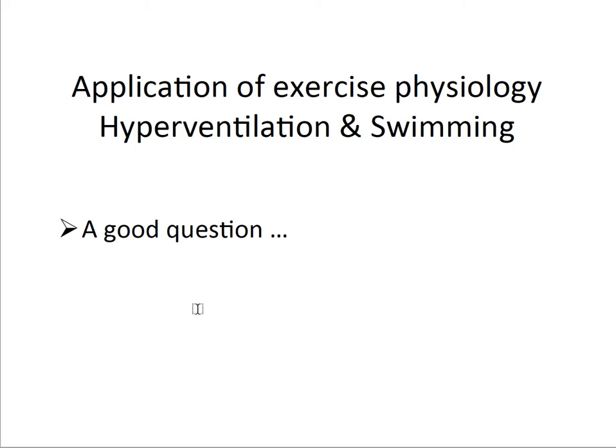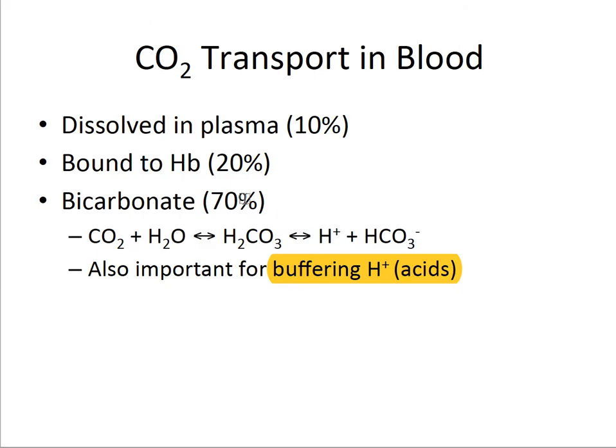And the answer is yes, because when we get close to VO2 max, we are actually blowing off more CO2. So if we look at this same bicarbonate equation, now we're buffering more lactic acids, we're blowing off CO2, yet we're not burning any additional substrate. Meaning we're not consuming any more O2.